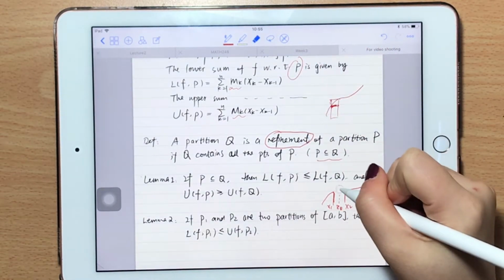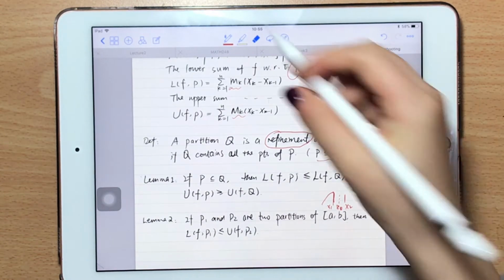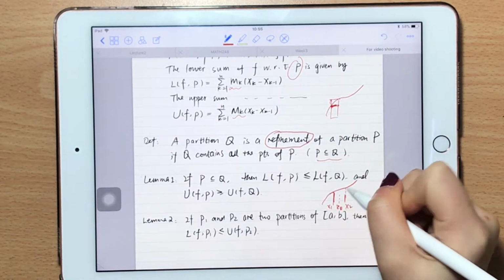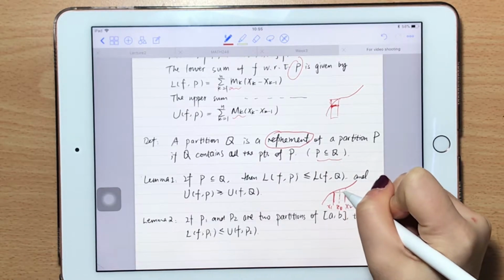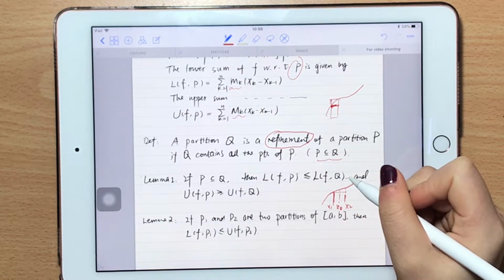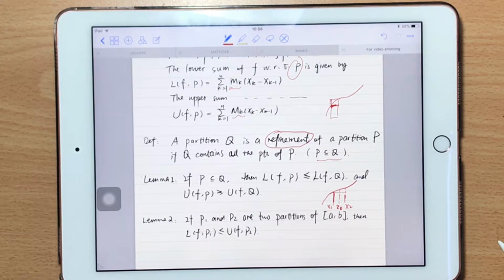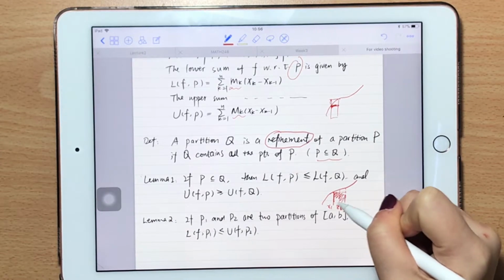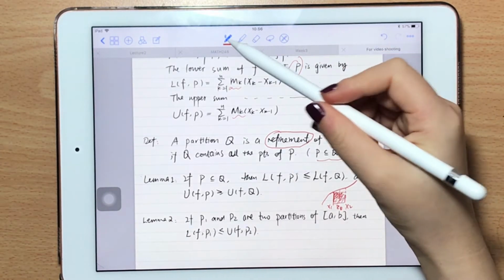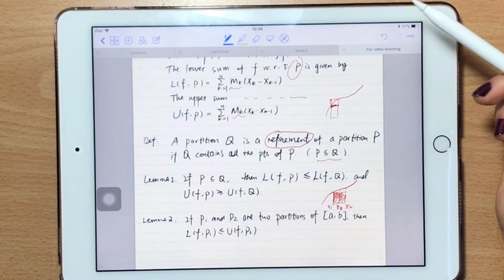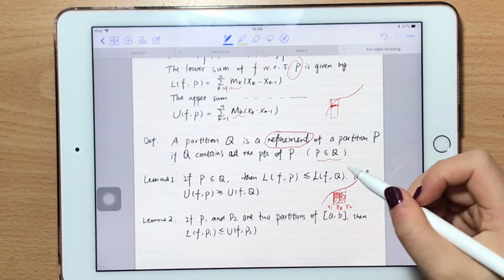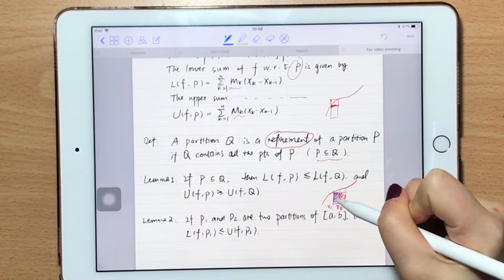So if we change it to see the difference more obviously, when you calculate the lower sum of f with respect to P between x1 and x2, you will get the area of this rectangle, right? But when you calculate the area for Q, you will get these two small rectangles.